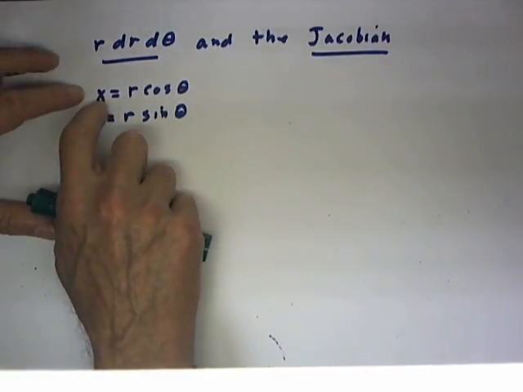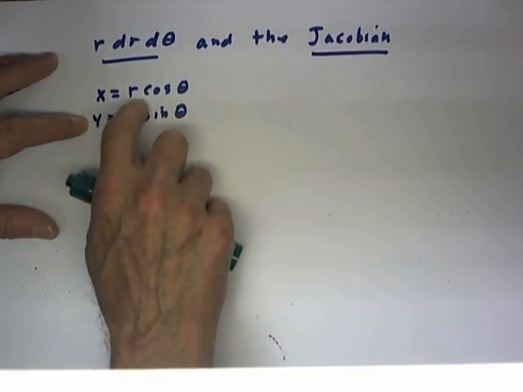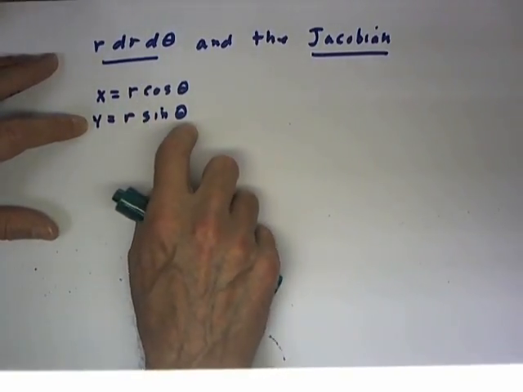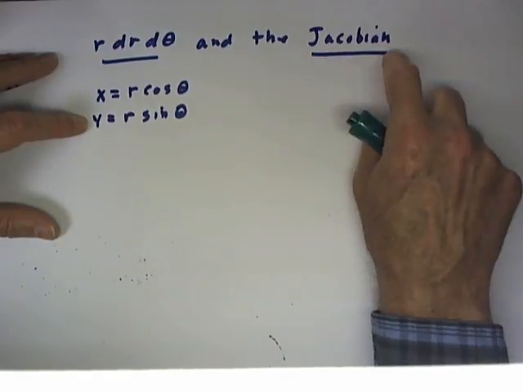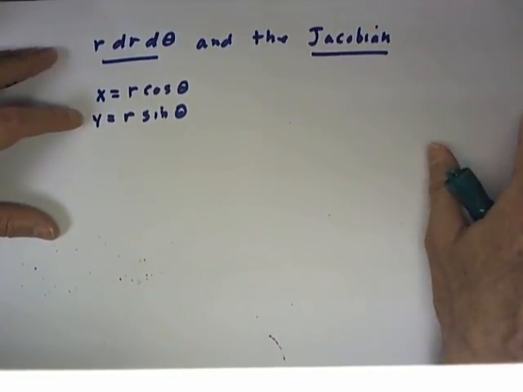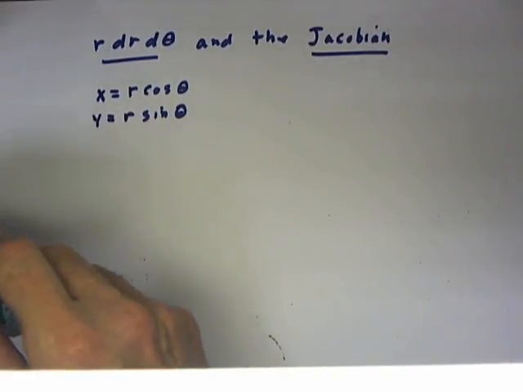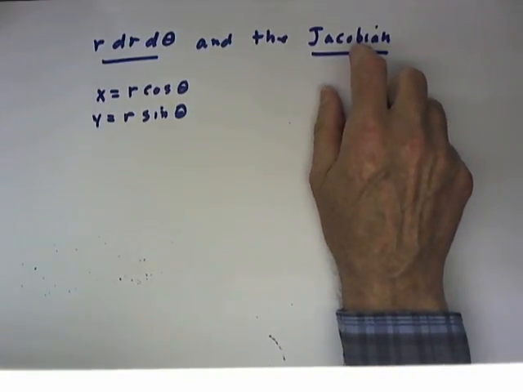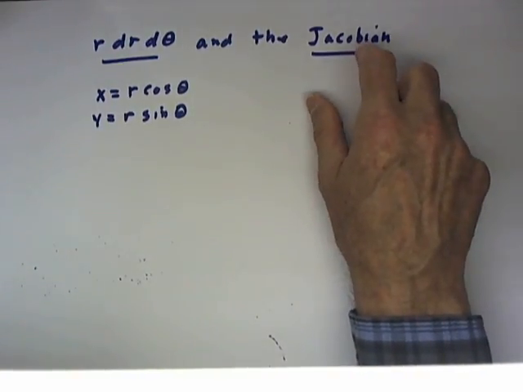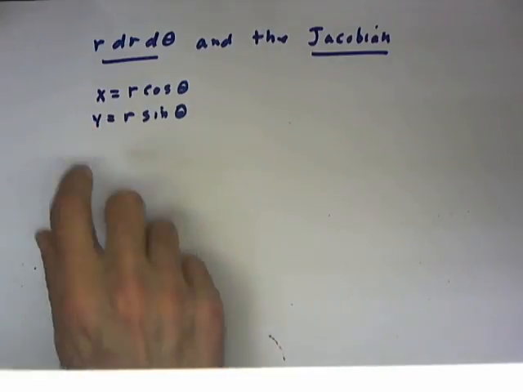In general, if we have one set of coordinates that can be expressed in terms of another, then there's a calculation, a quantity called the Jacobian, that represents how areas transform between one coordinate system and another.